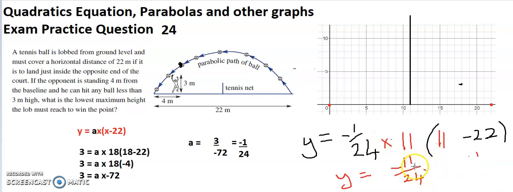So we are left with 121 over 24. Now this leaves me with 5 meters and 1 over 24. And that will be my lowest maximum height: 5 and 1 over 24 meters.